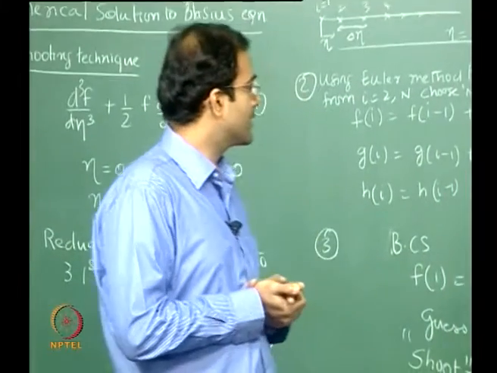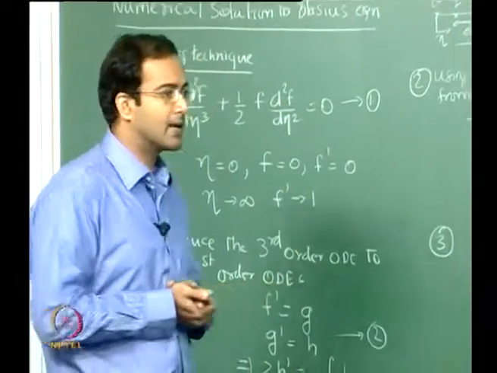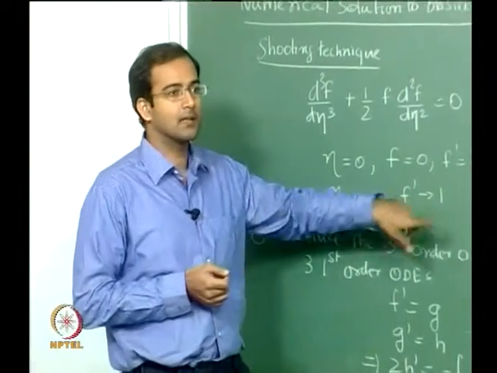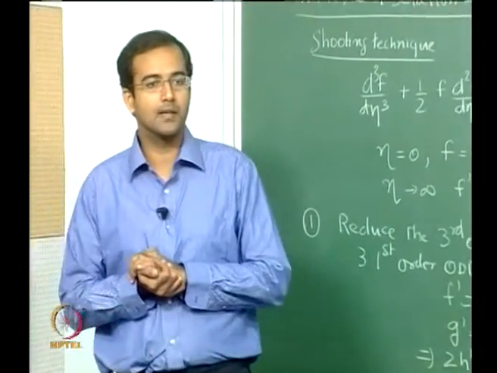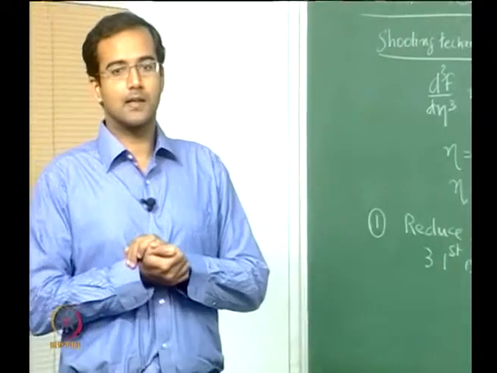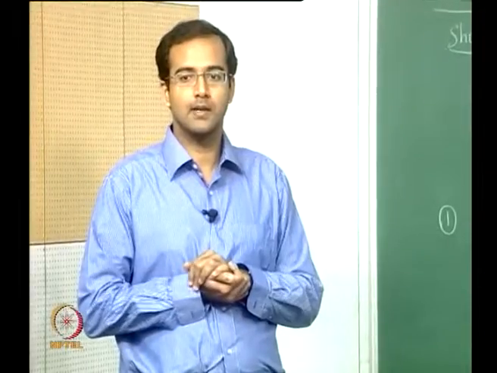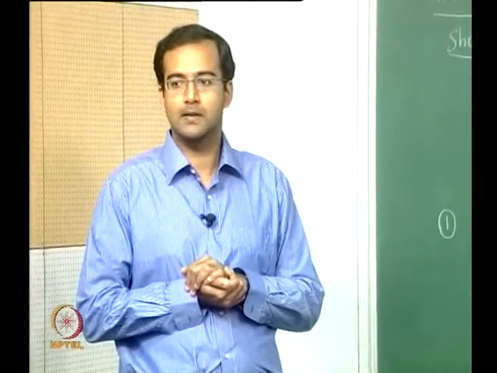Okay, so if your eta was very large, the other boundary condition says that as eta goes to infinity, your f prime should be 1. So we cannot apply that to the convergent series. Therefore, we had to come out with another series which is actually convergent for large values of eta.